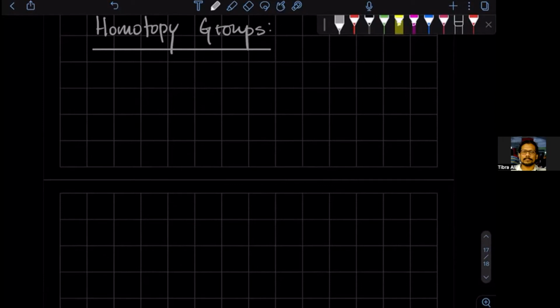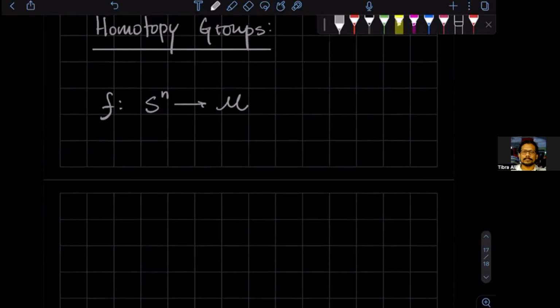So if you have some space, say M, and you consider the class of maps from S^n to M, such that they're equivalence classes under continuous deformation.